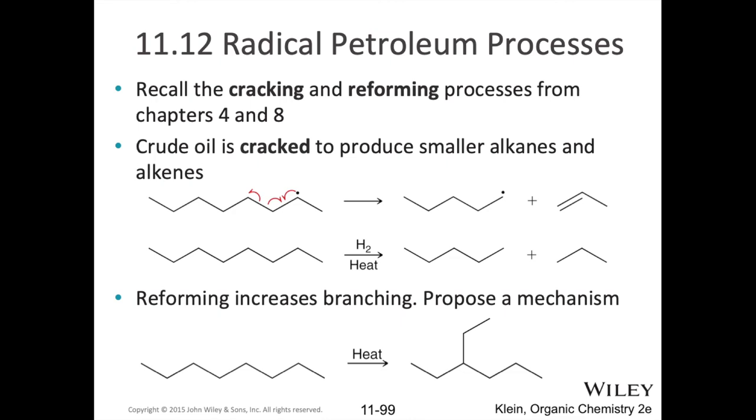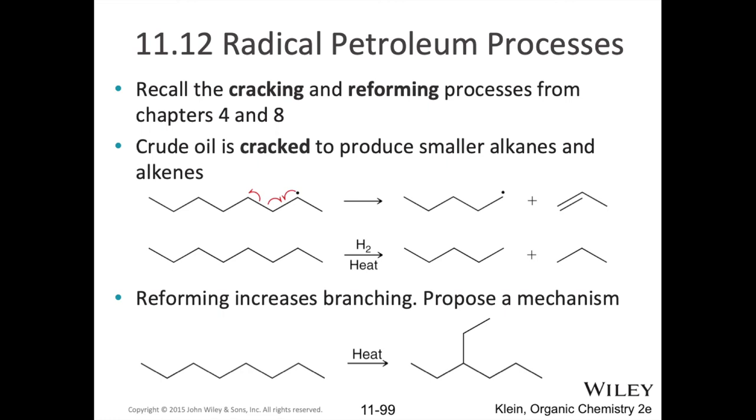So I may have mentioned back then that certain particular lengths of carbons are more useful than others. Considering like how much gasoline is consumed on a daily basis, it makes sense that you want to shorten some of your longer carbon chain lengths into hydrocarbons that are in that range for gasoline, right?